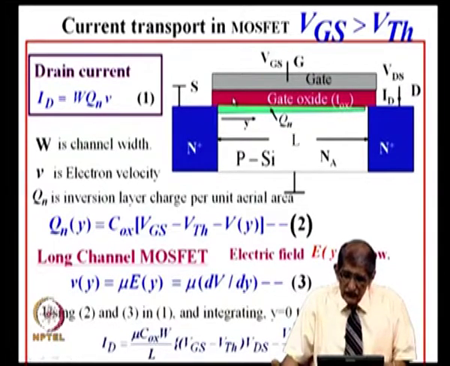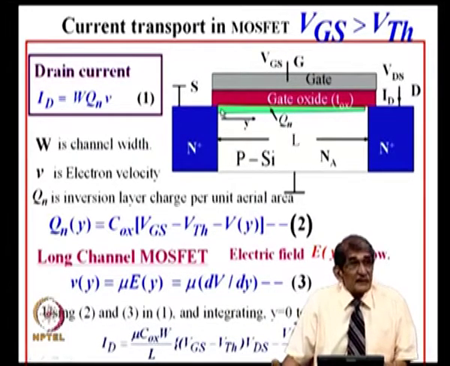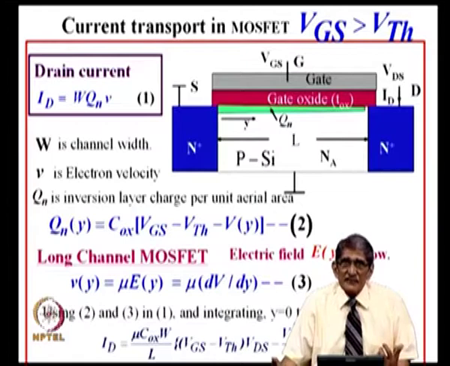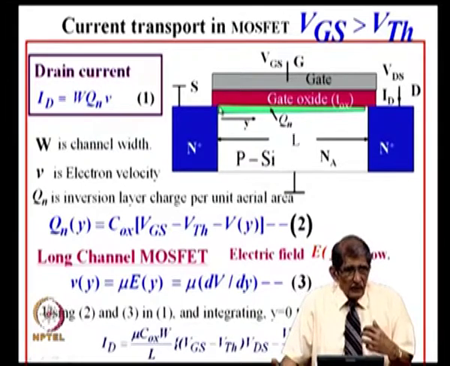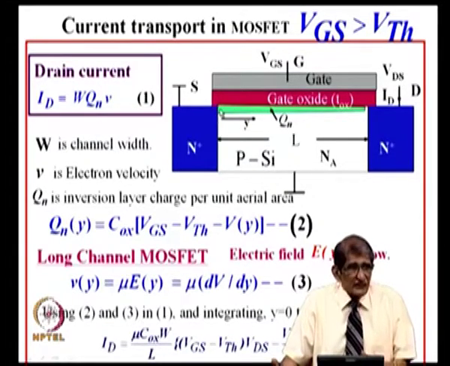From here to here, if you go, VDS is 0 here, maximum here. So, even though this is 0, due to the gate voltage, there is a potential, which you call some psi of s. So, there is some potential due to that, but that potential is used for creating this inversion layer.